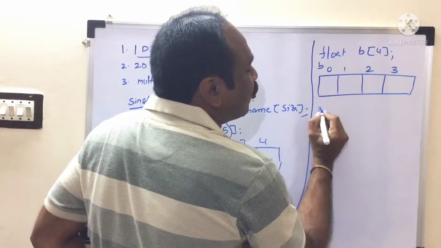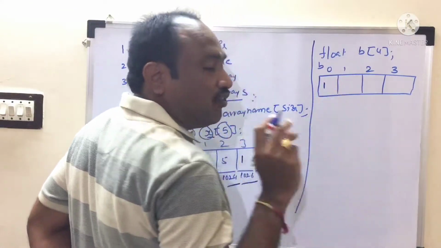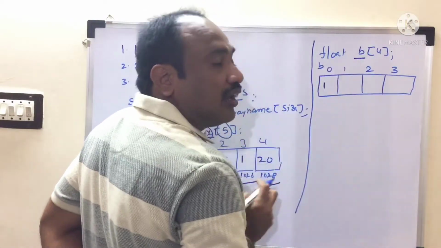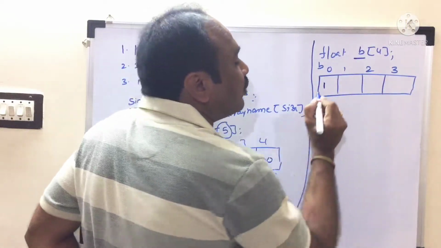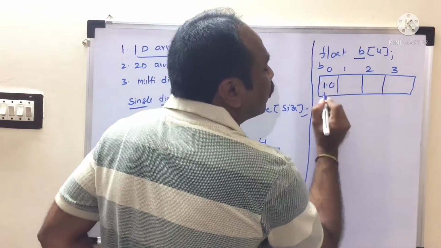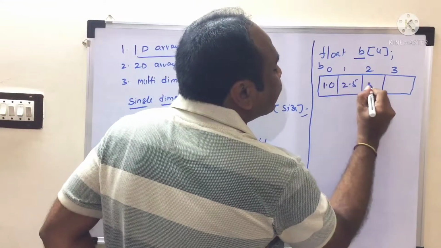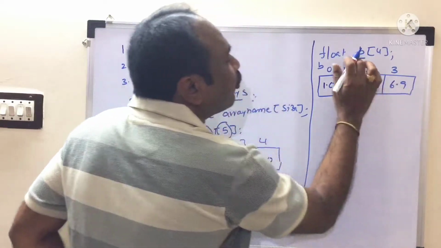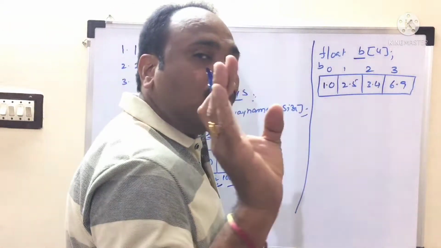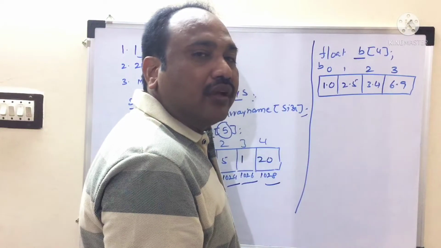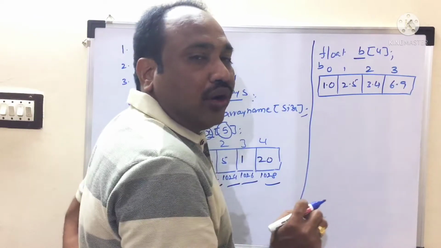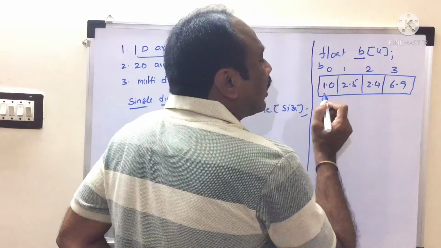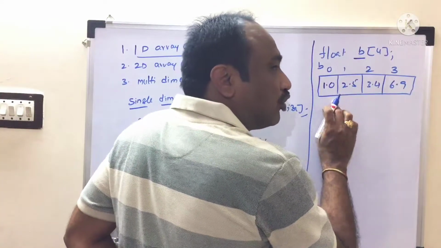If you enter 1, b is a float type array, so it will accept only float values. This 1 is stored as 1.0, then 2.5, 3.4, 6.9. All values are stored under the name b, and all should be float values.